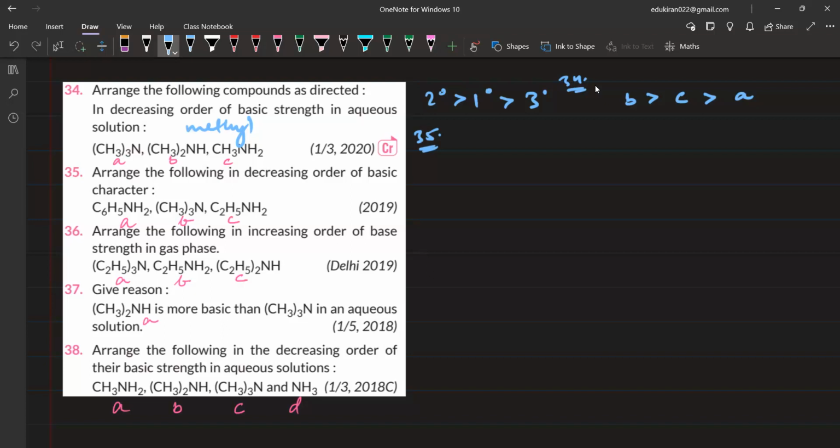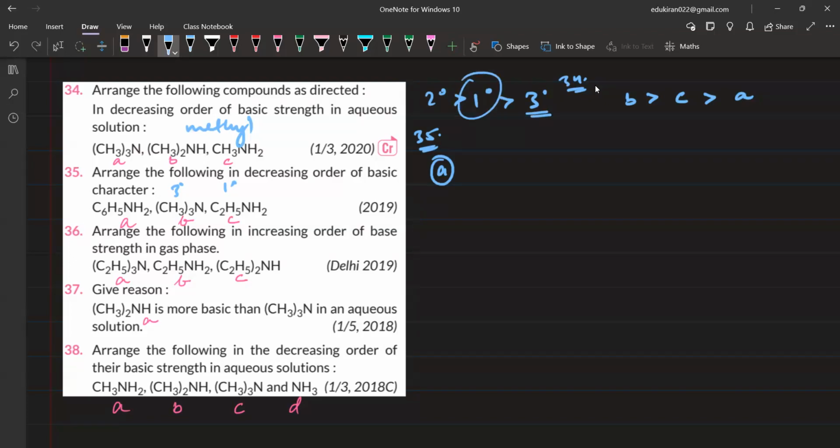Fine. So in decreasing order, the lowest will be A, that is for sure because it is phenylamine. Now we have to compare B structure and C structure. B is 3 degree and C is 1 degree. And here it is methyl. In the case of methyl, 1 degree is more and 3 degree is less.